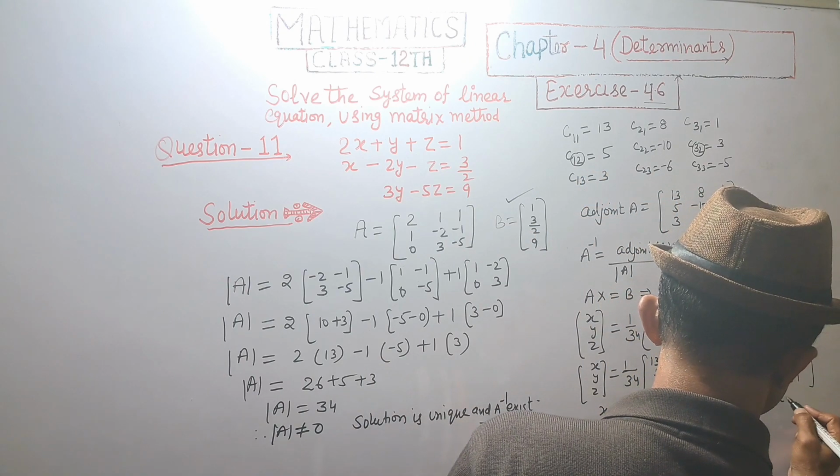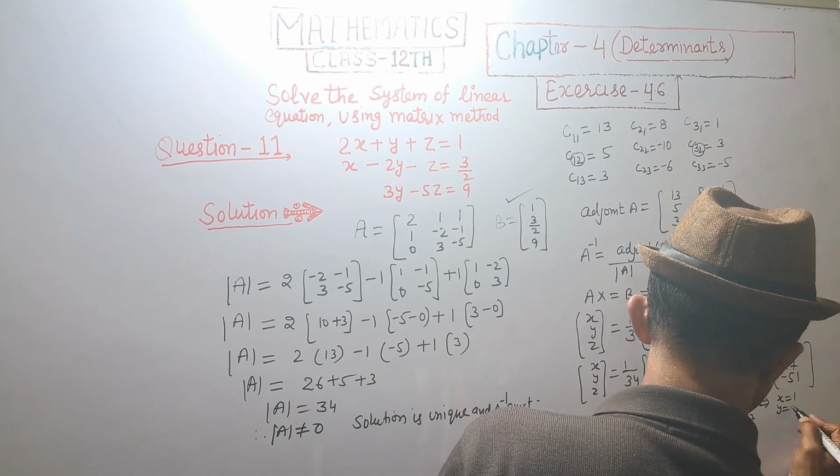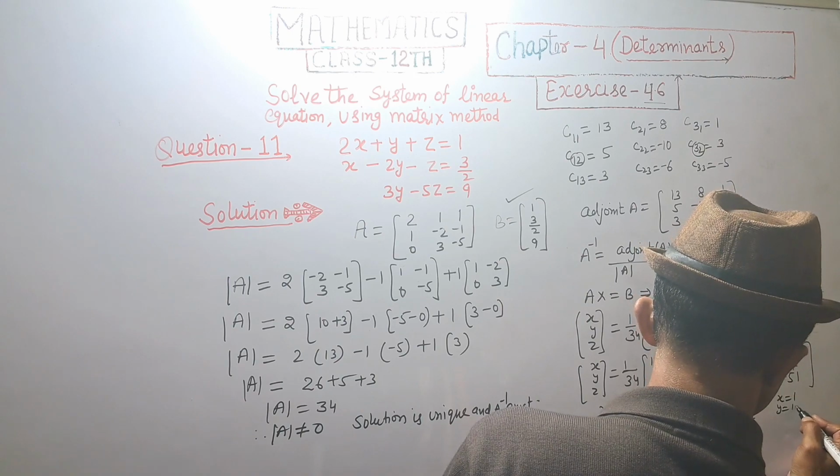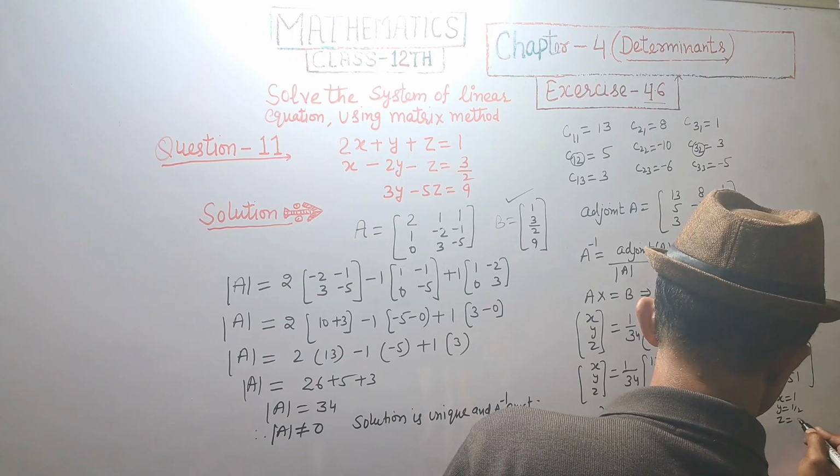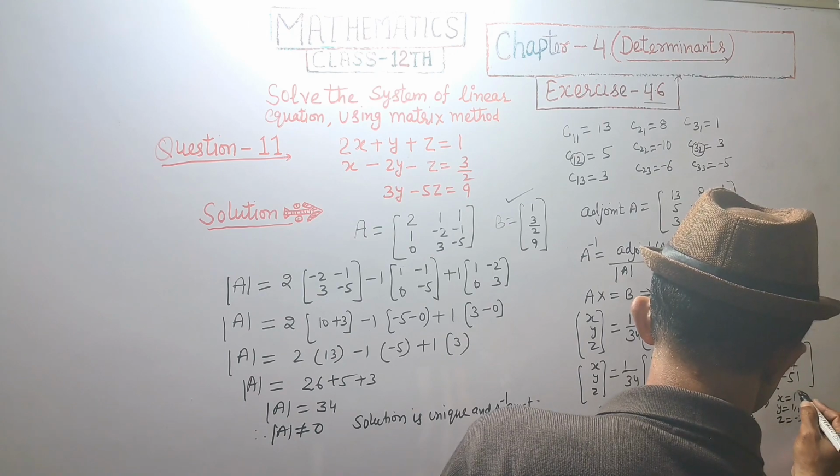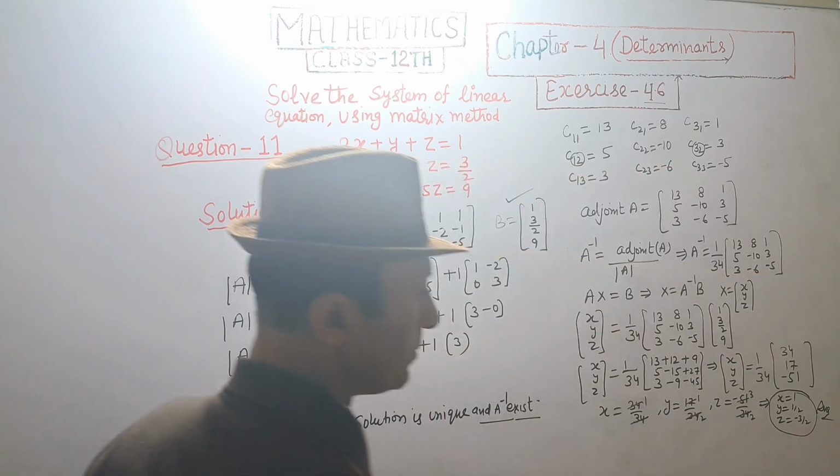This implies x is equal to 1, y is equal to 1 upon 2, and z is equal to minus 3 upon 2. Answer.